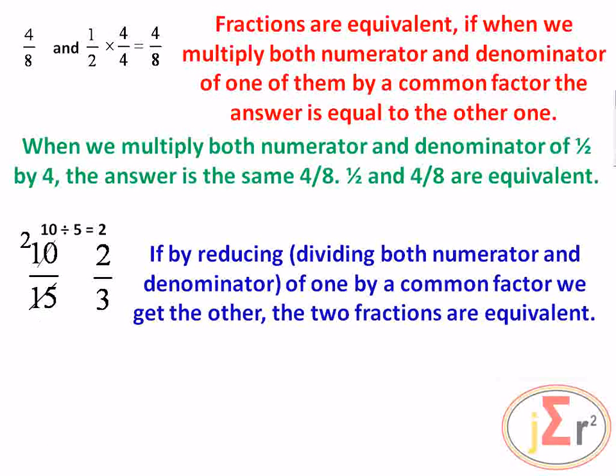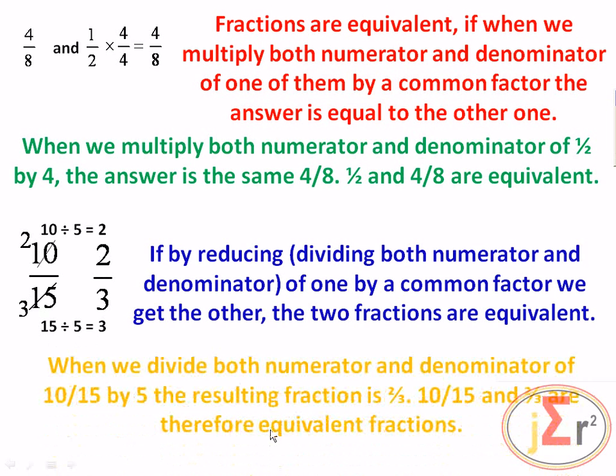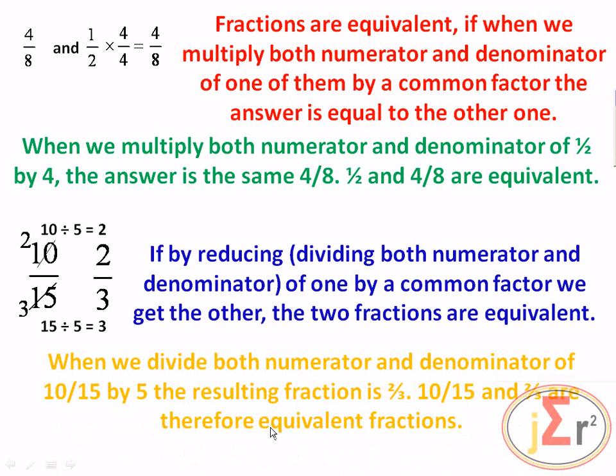And 15 divided by 5 is equal to 3. We get 2 over 3 as we have right here. When we divide both numerator and denominator of 10 over 15 by 5, the resulting fraction is 2 over 3. 10 over 15 and 2 over 3 are therefore equivalent fractions.